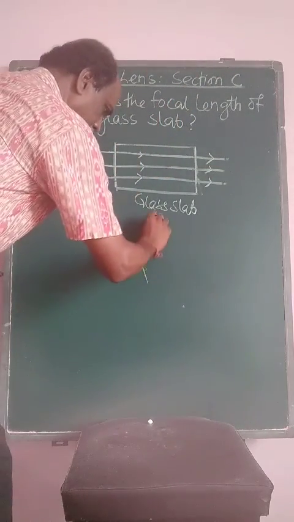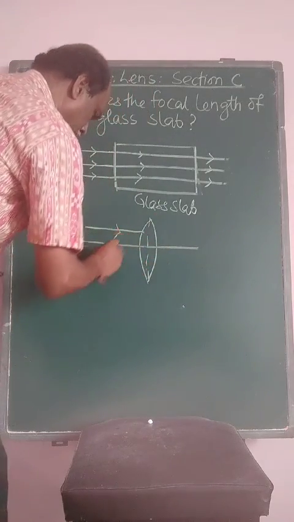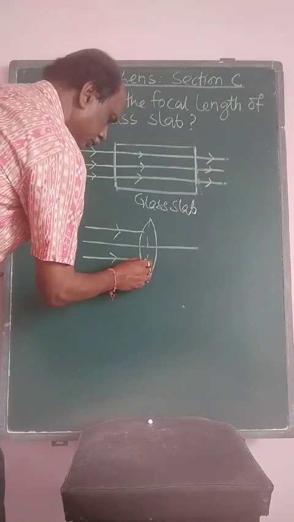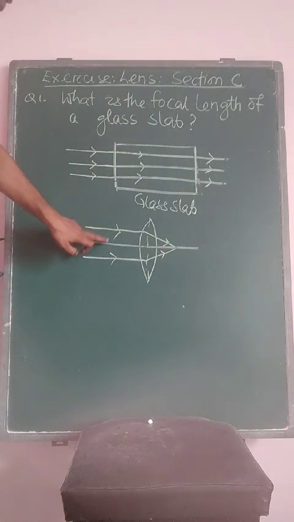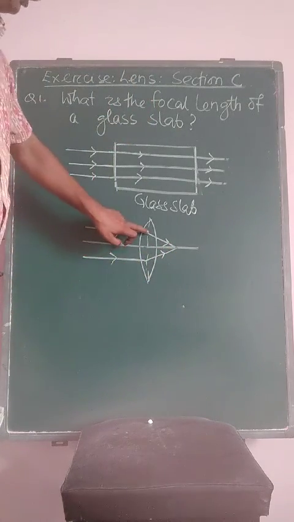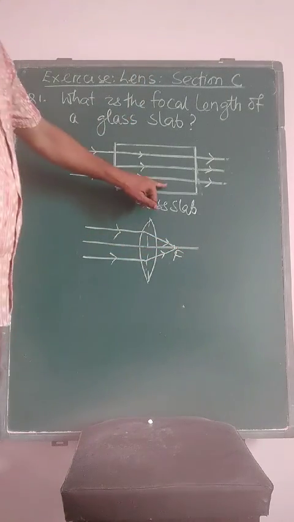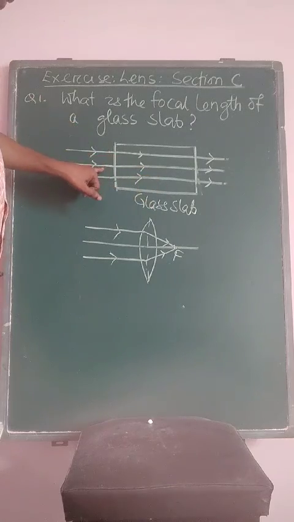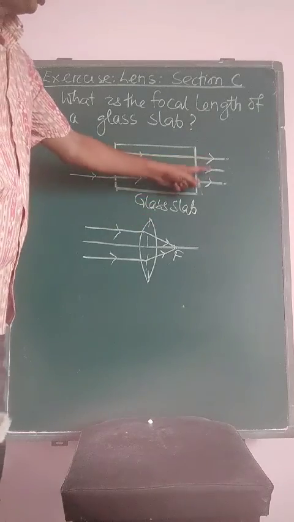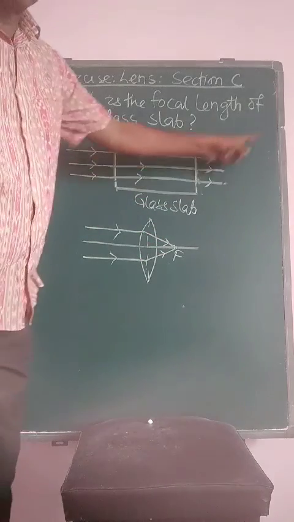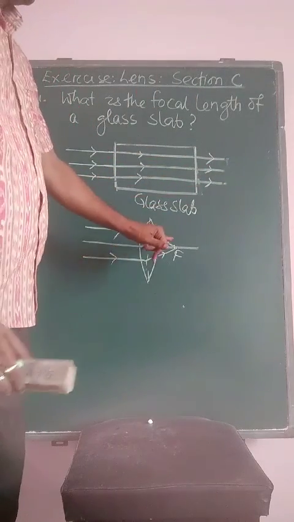In a convex lens, rays are incident parallelly. After refraction, they converge at focus. So if we think of this as a lens, the incident rays are parallel, and the refracted rays will meet at focus. Now the parallel rays, where will they meet each other?